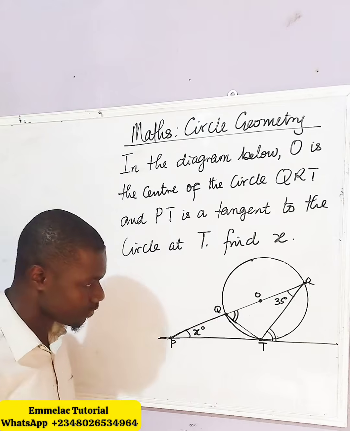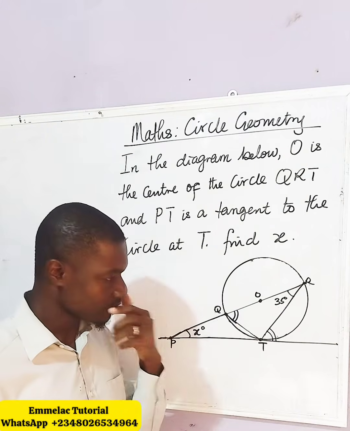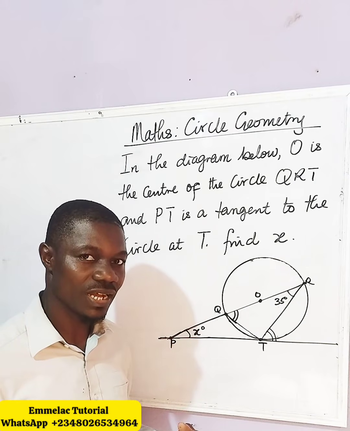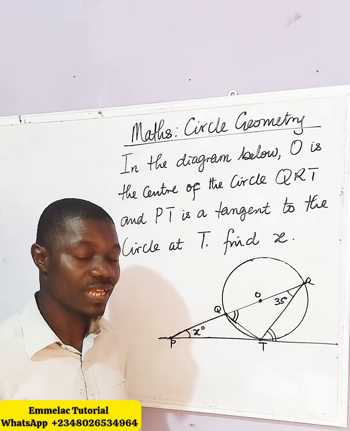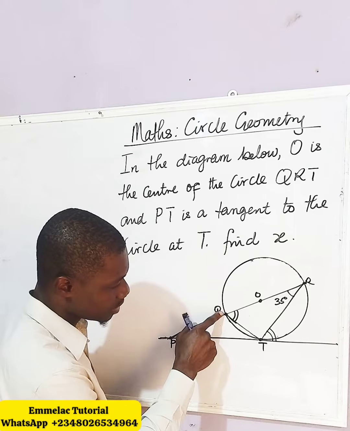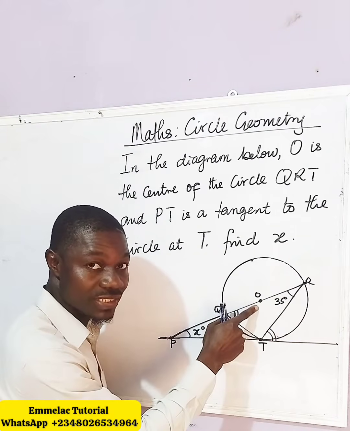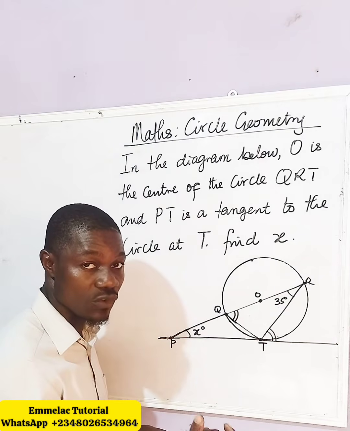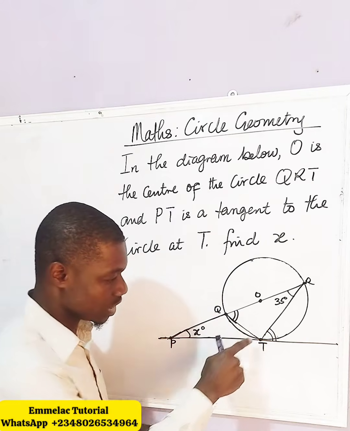Now, first of all, let us look at the center. Is there any extension of angle from the center? Yes. Looking at this, you can see this point. This line divides the circle into two equal parts, and there is an extension of angle from the center, which is this.